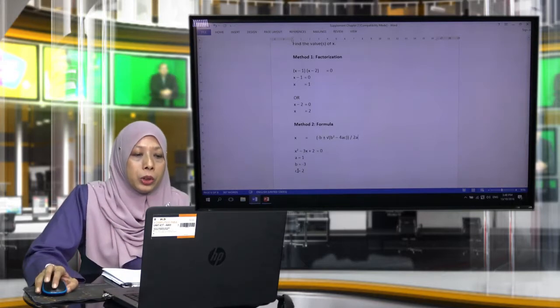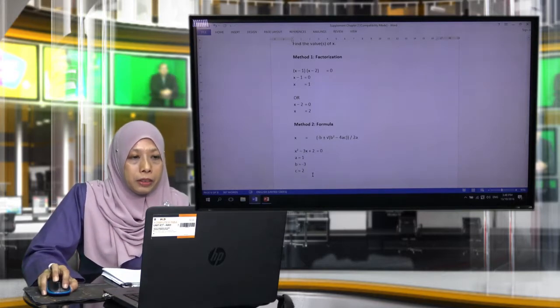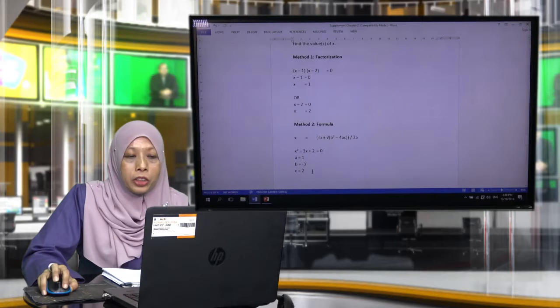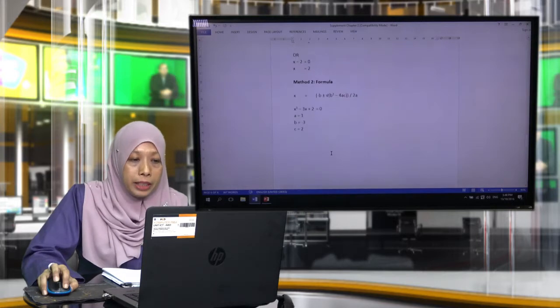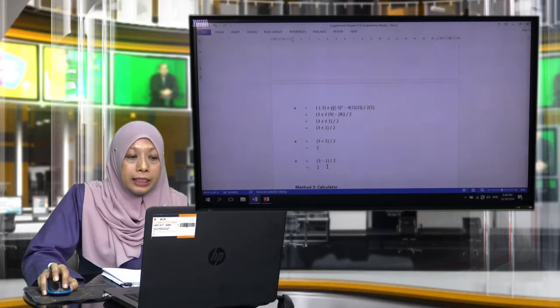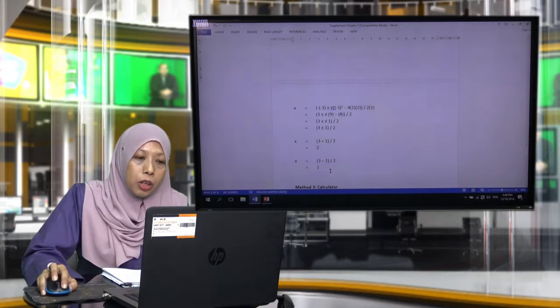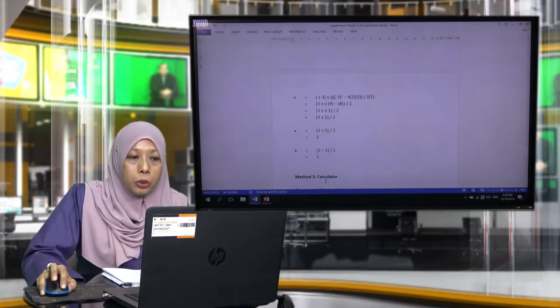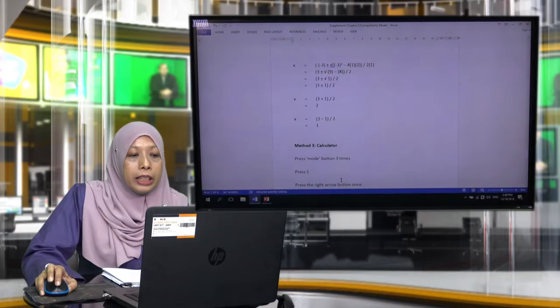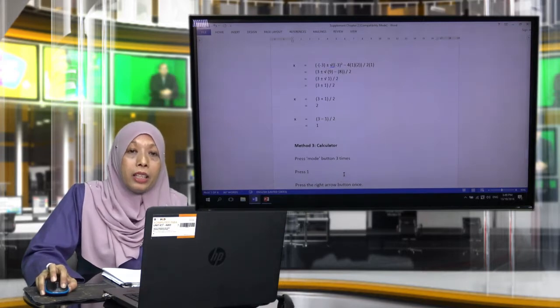So for example, if you have x squared minus 3x plus 2 equals 0, the value of a is 1, the value of b is negative 3, and c is your constant, in this case 2. You substitute all these values into this formula, and you're going to end up getting the same answer, which is 2 and 1.